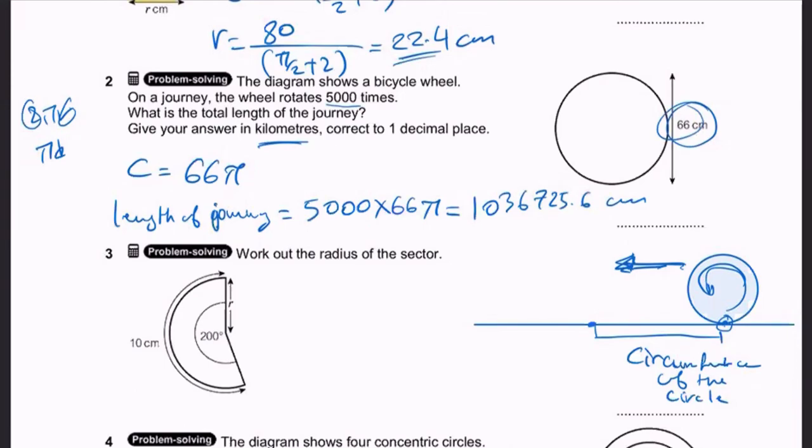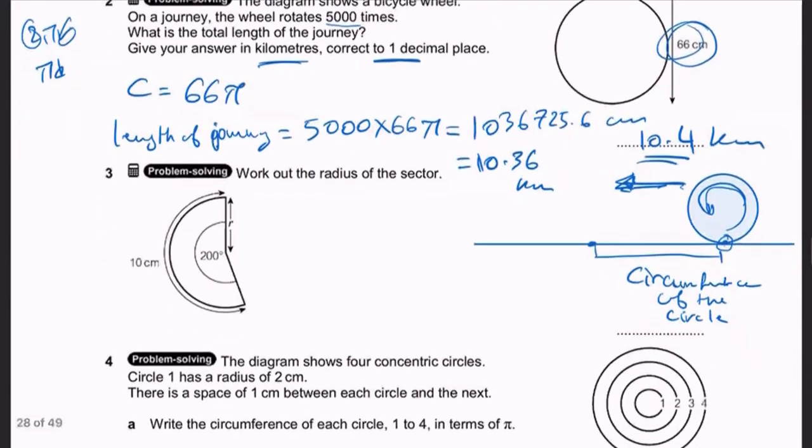That equals 10.36 kilometers, and he wanted it correct to one decimal place, so it is 10.4 kilometers. Okay, kids? Yes, sir. Okay.